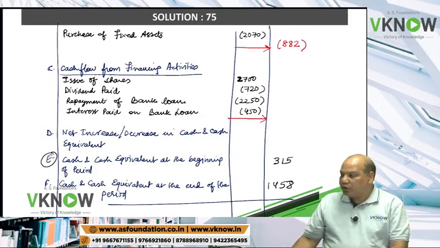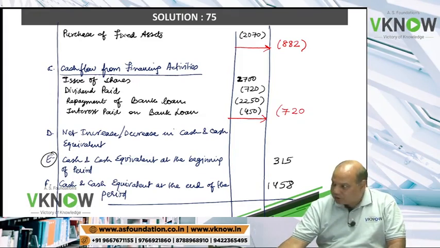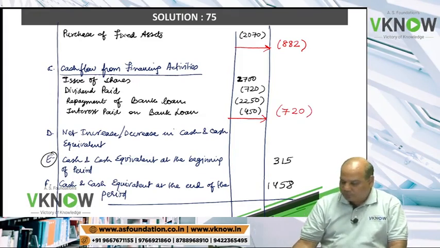Take the financing activity total in the outer column: financing activity total is negative 720.